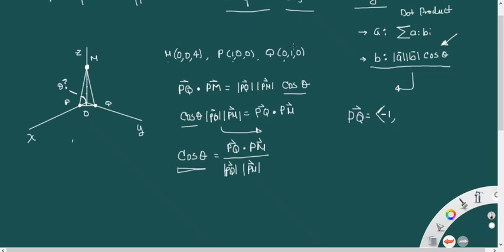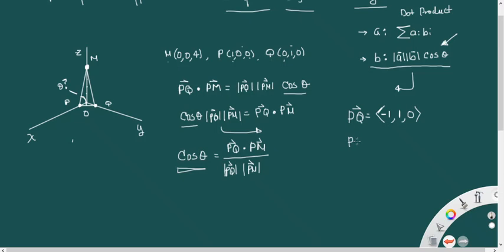Then 1 minus 0, that equals 1. And 0 minus 0, that equals 0. So those are the components for vector PQ.